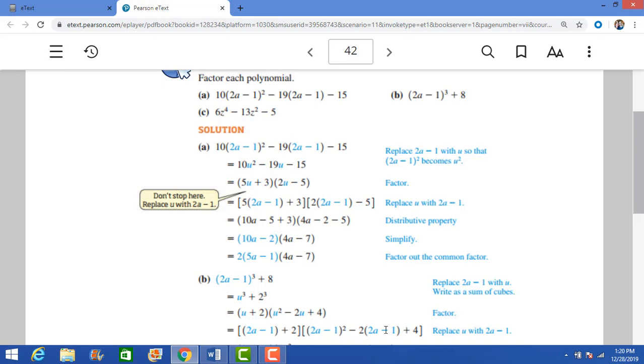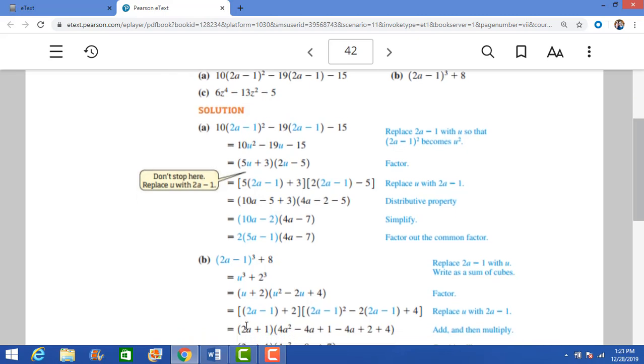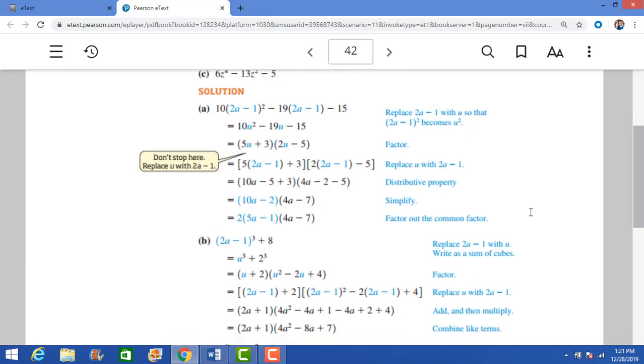So we're going to substitute in 2a minus 1, and now we're going to go ahead and simplify it. And so we get 2a plus 1, and this simplifies to 4a squared minus 4a plus 1 minus 4a plus 2 plus 4. And now we're going to simplify it even further by combining like terms. And this gives us our final answer.